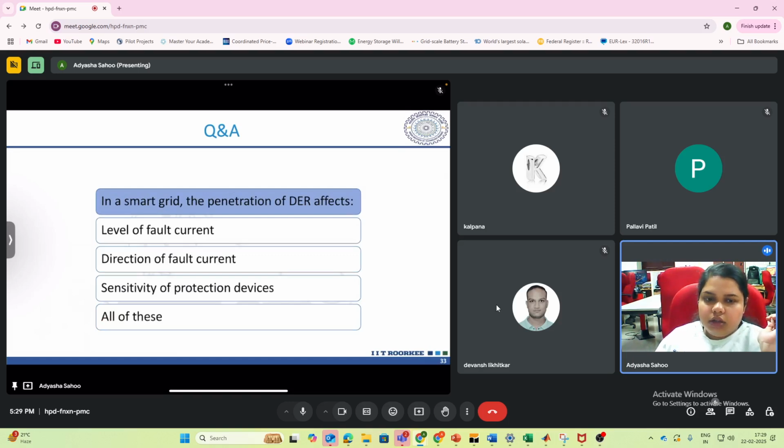Now, in a smart grid, the penetration of DR affects the level of fault current, direction of fault current, sensitivity of protection devices, or all of these.